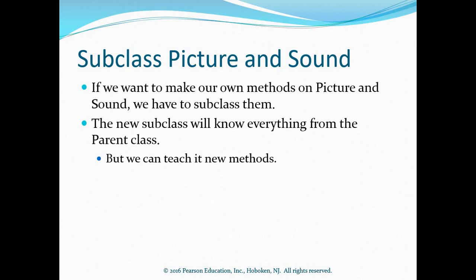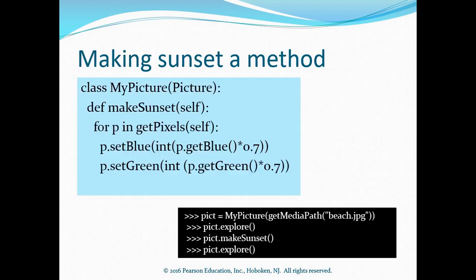We create subclasses so they can inherit all the methods from a class. Here, we change the sunset from a function to a class. And utilize it as a method.